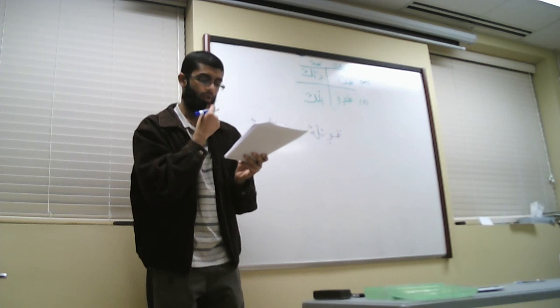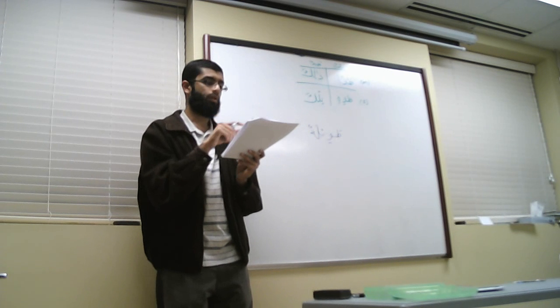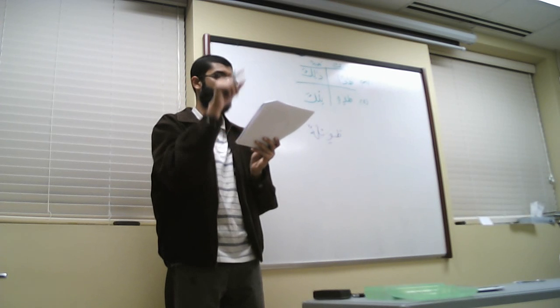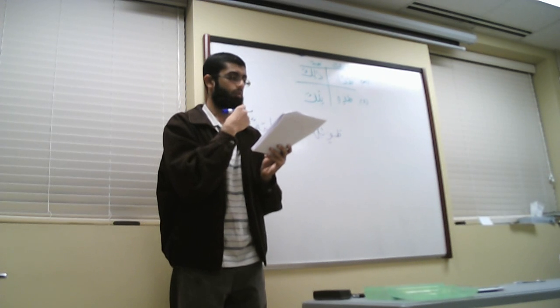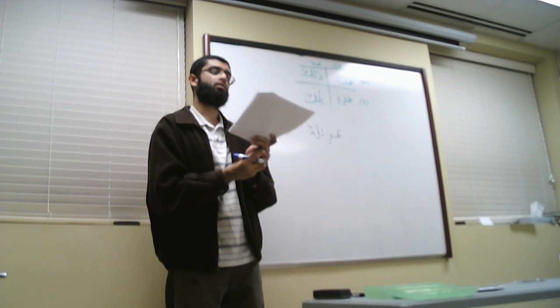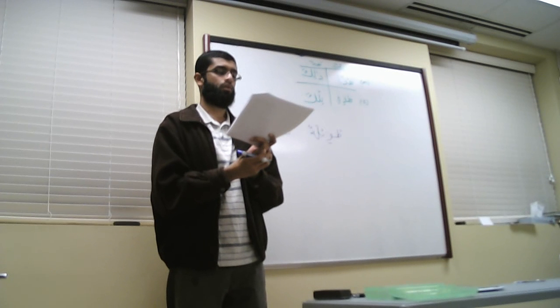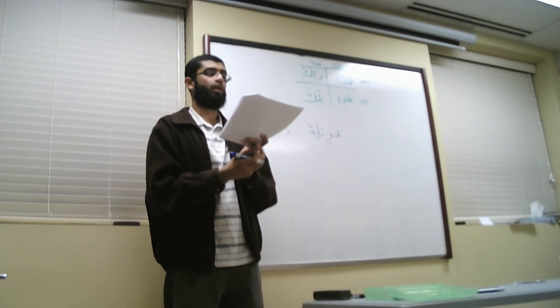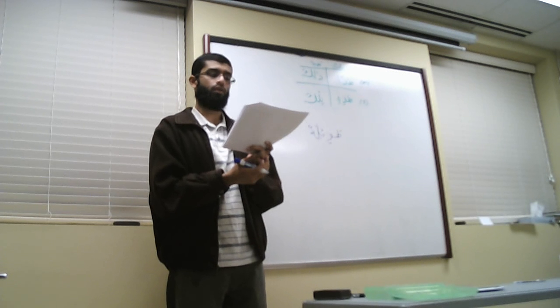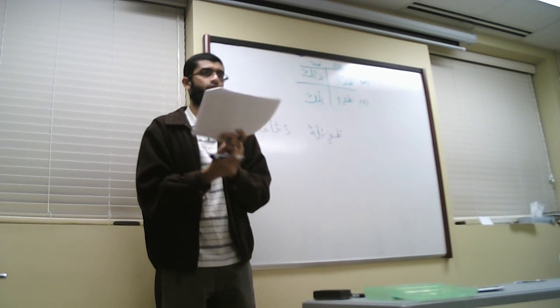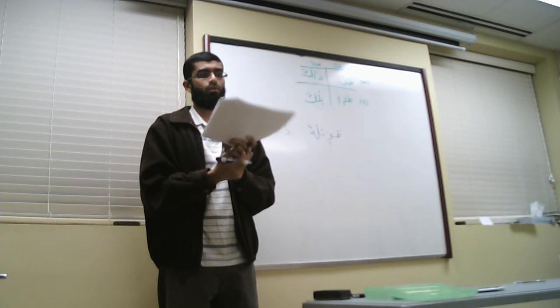Why is it feminine? What does it have at the end? Baydatun. It has a closed ta at the end, and a closed ta at the end means it's feminine.